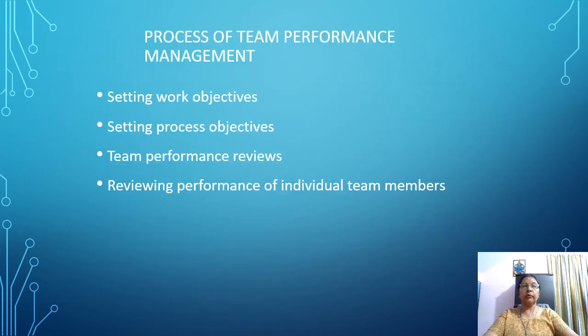So, the process of team performance management, or how the team performance is managed: first, work objectives are set, then the process objectives are set, then the team performance is reviewed, and then the individual team members' performance is reviewed.